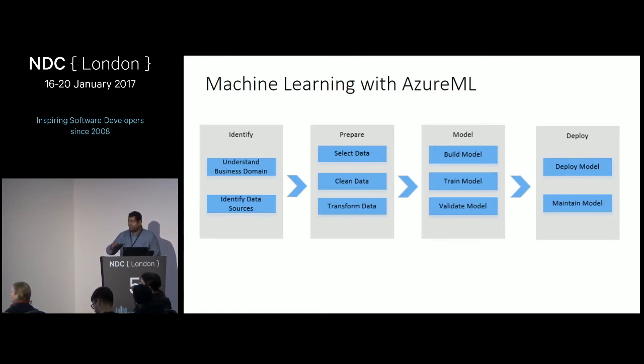Once we have done that, the next step is to prepare the data. With preparing the data, the key is selecting the data. Then once we have selected the data, we'll also have to make sure that the data is clean, like there are no missing values, and apply any transformations that are required to get this data to a state that you can actually use.